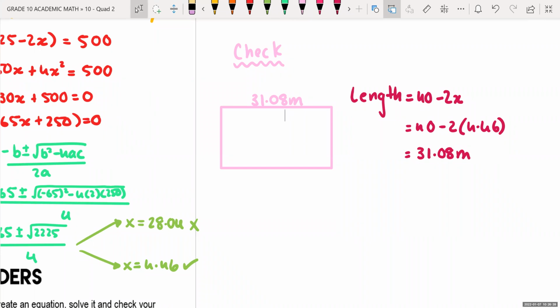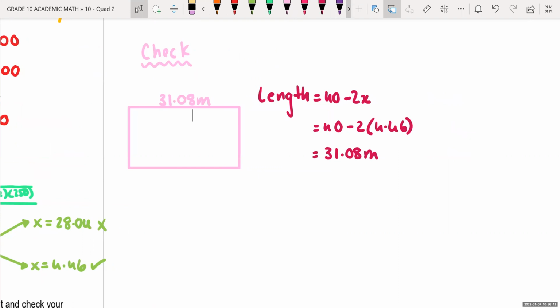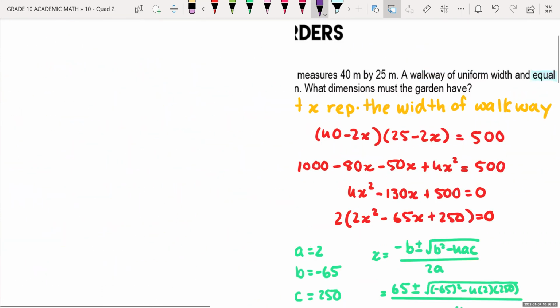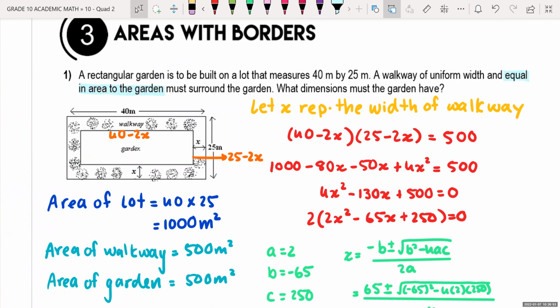Okay, I'm going to do the same thing. I'm going to figure out the width of my garden. So the width, the formula for that, I'm just thinking back to over here, right? So this was the length of my garden, 40 minus 2x. The width is 25 minus 2x.